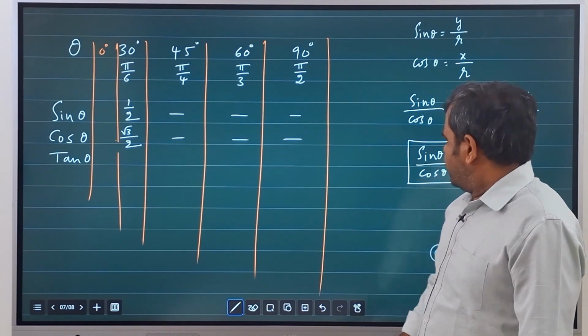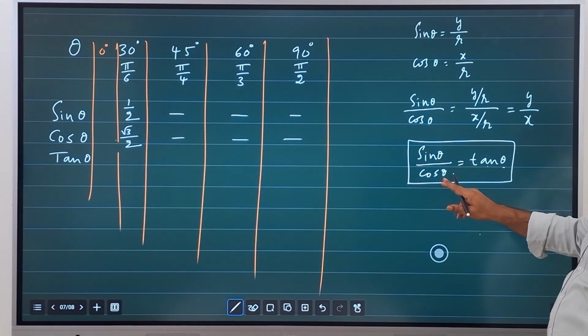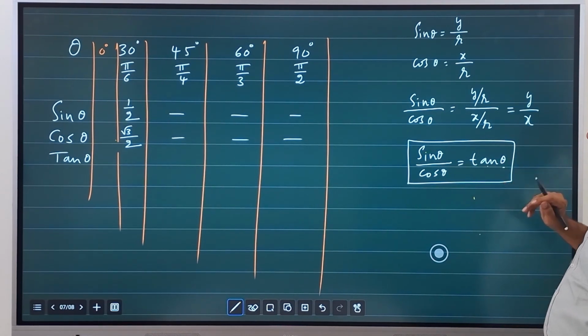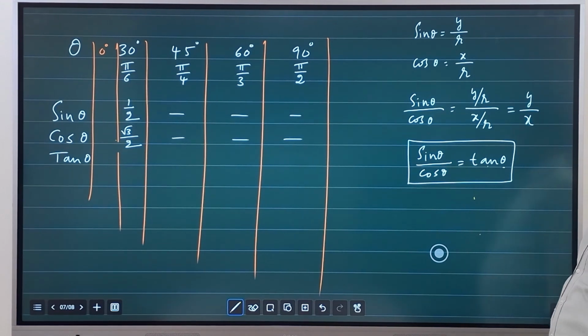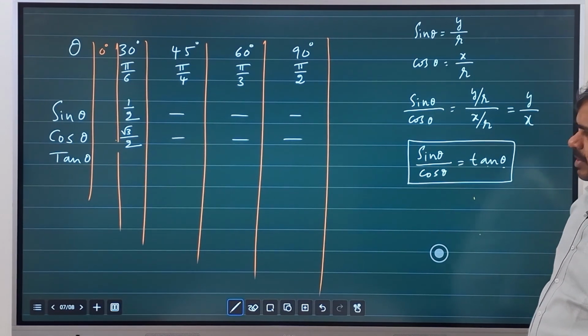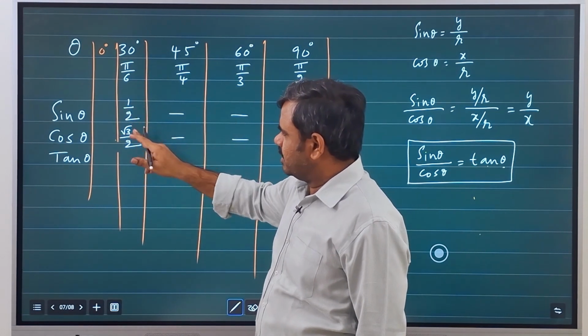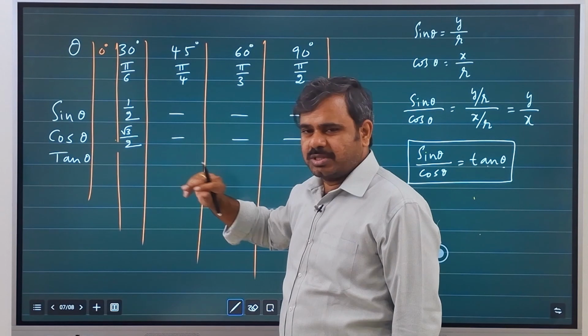Now tan theta, how do you find tan 30 degrees? Because the ratio sin theta to cos theta is equal to tan theta, tan 30 degrees is equal to sin 30 degrees divided by cos 30 degrees. So tan 30 degrees is the ratio of sin 30 degrees to cos 30 degrees. So the ratio of 1 by 2 to root 3 by 2.